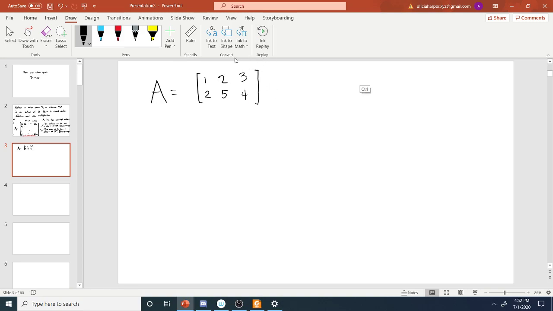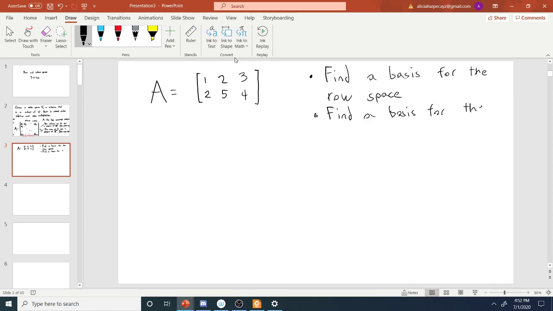So my first question is, find a basis for the row space. And my second question is, find a basis for the column space.